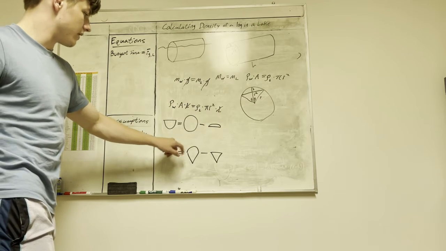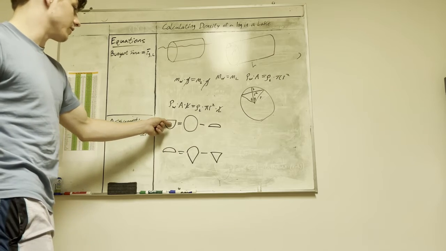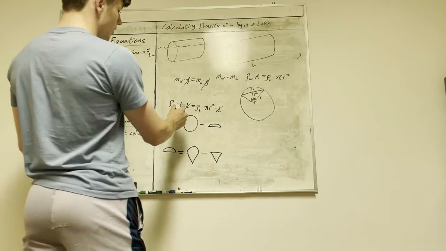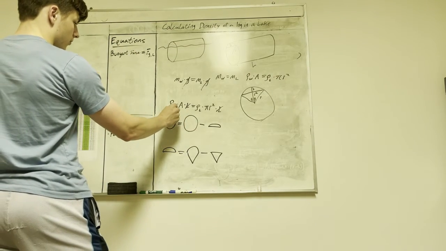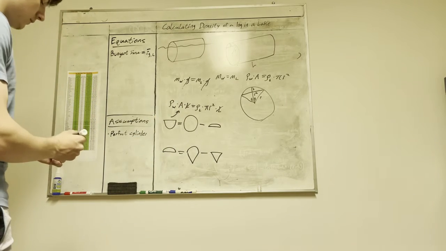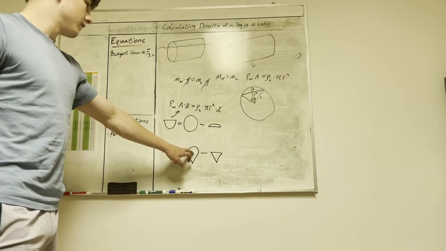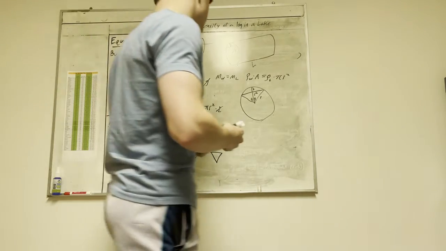Once we have this area, we can subtract the total area of the circle from that to get our desired cross-sectional area, which we can then plug in right here. These two are equivalent. So let's first find this area right here.